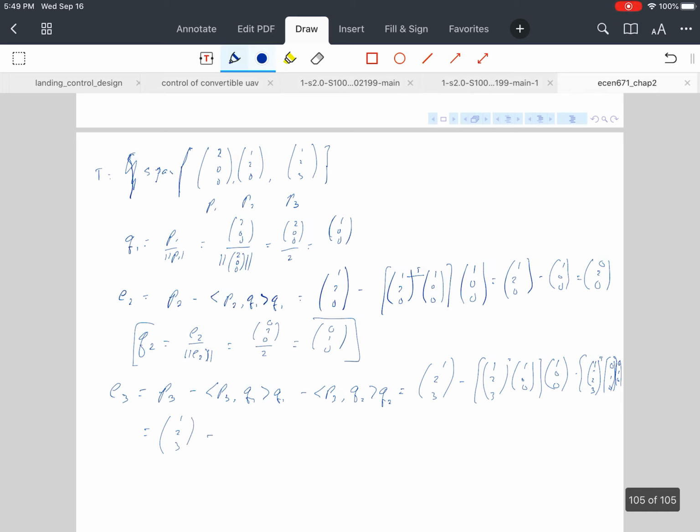And so we've got 1, 2, 3 minus, and then when we take the inner product, we'll have 1 plus 0 plus 0, so minus 1, 0, 0, and then minus, now the inner product here will be 2, so we'll have 2 times 0, 1, 0, and so this obviously gives us 0, 0, 3. And so Q3 is going to be E3 divided by the norm of E3, which is 0, 0, 3 divided by 3, 0, 0, 1.